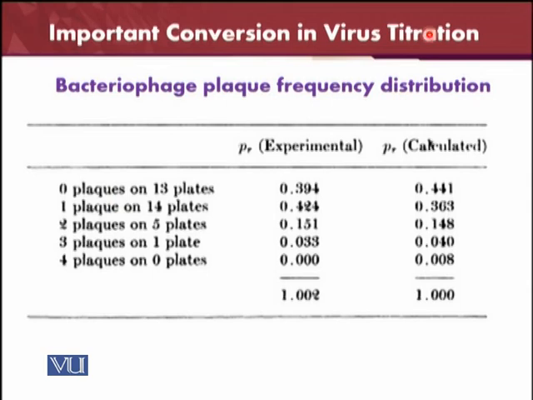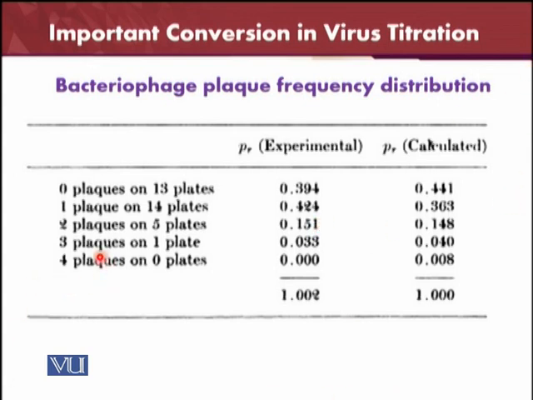For example, here we are using two kinds of values, the experimental and the calculated. 0 plaques on 13 plates, you can see, gives 0.394 and 0.441. If there is 1 plaque and the plates are 14, then it is taken as 0.424 and 0.363. 2 plaques on 5 plates gives 0.151 and 0.148.